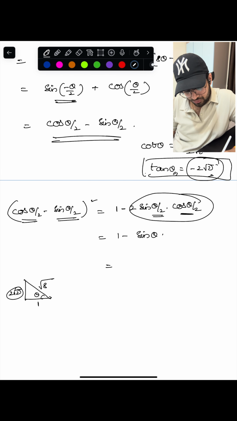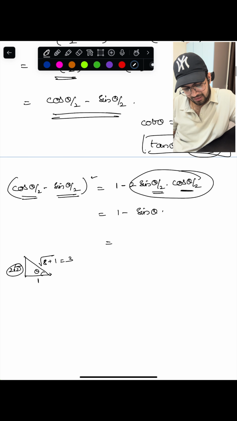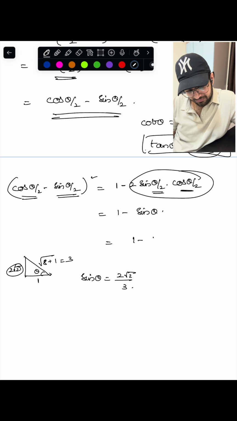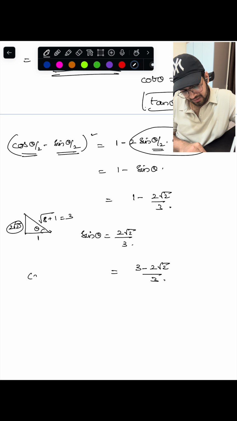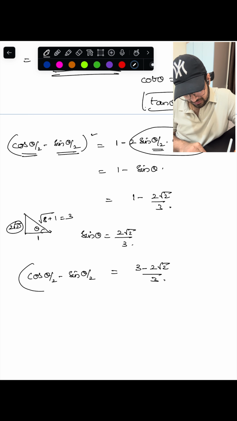You can write (2 root 2) whole square, 8 plus 1, which is nothing but 3. Now from this I can calculate sin theta as 2 root 2 by 3. Done. If I substitute here, 1 minus 2 root 2 by 3, and simplifying, I get (3 minus 2 root 2) by 3. So (cos theta by 2 minus sin theta by 2) whole square is this.